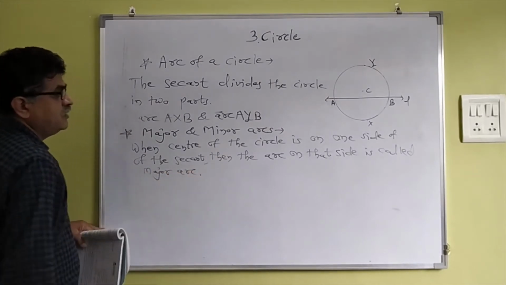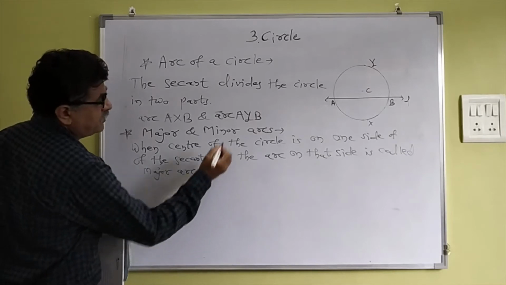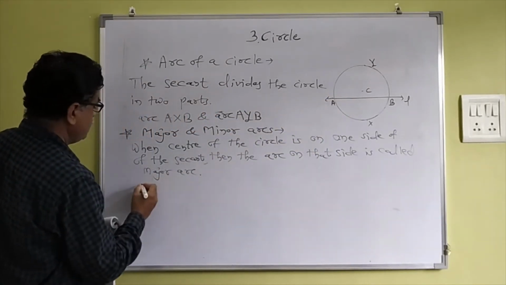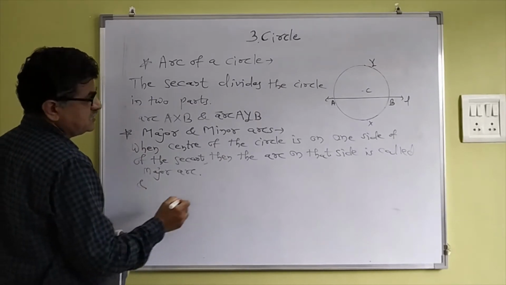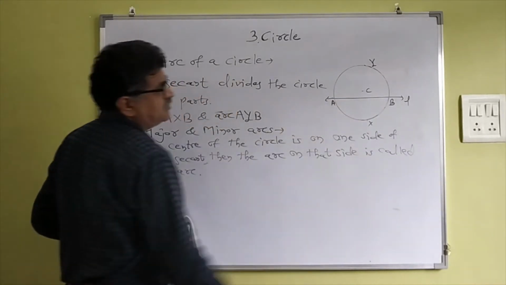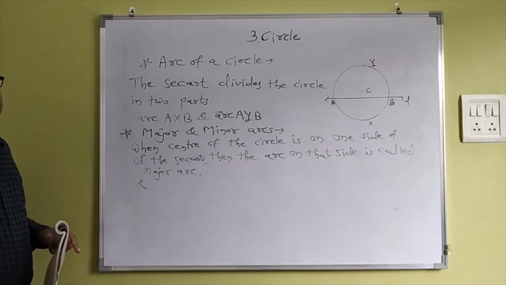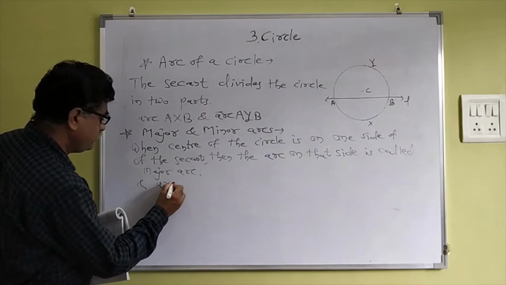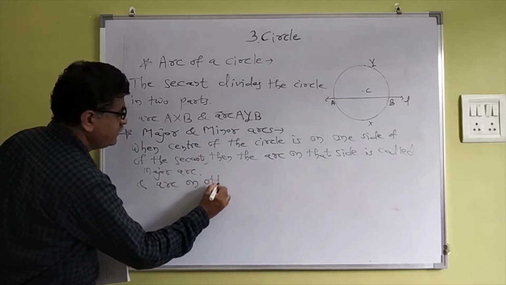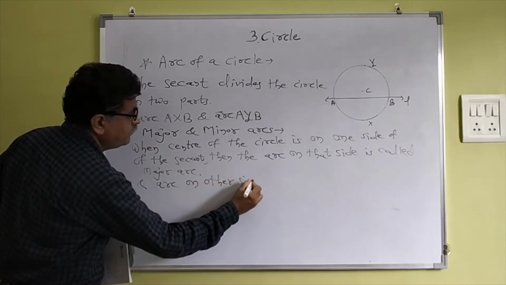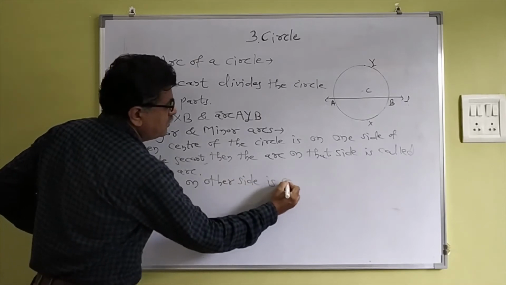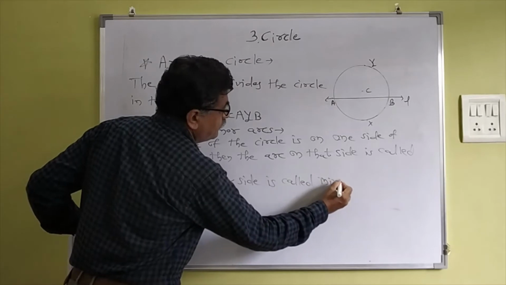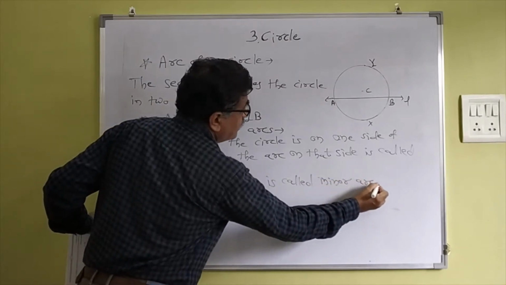Major arc. Now let us see from the figure. The arc on the other side is called the minor arc. Minor arc.